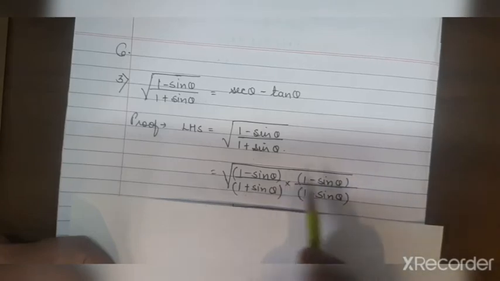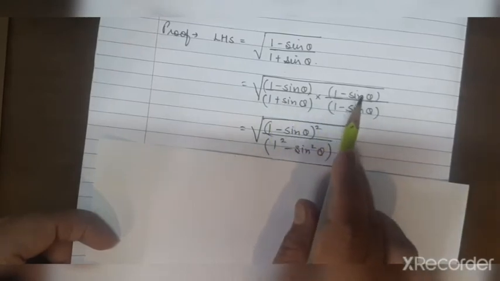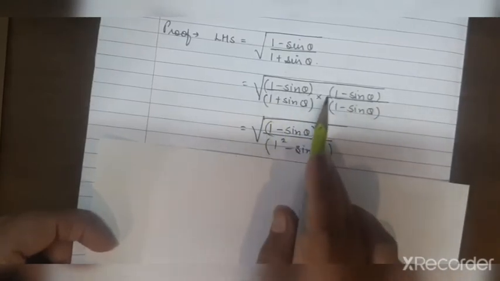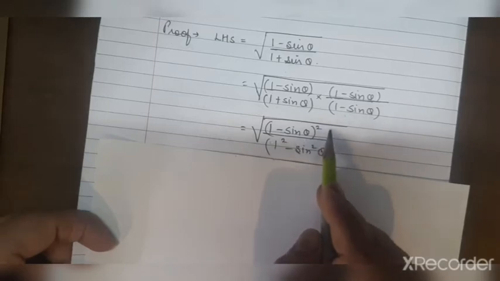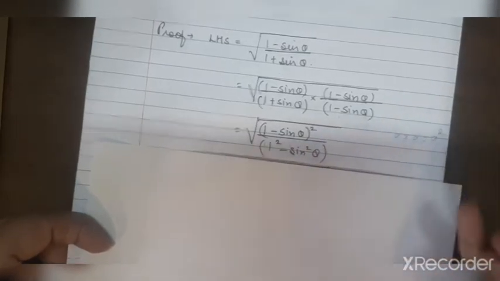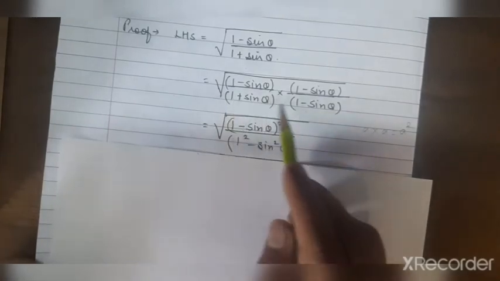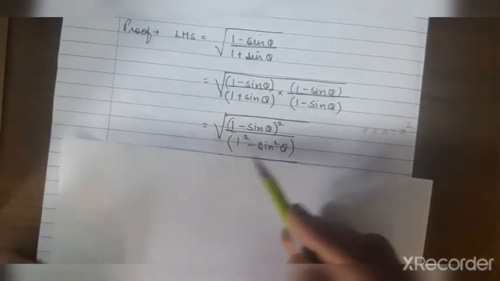Now let's see what happens inside the root. 1 minus sin theta and 1 minus sin theta are the two same brackets, therefore we write it as whole square, just like a into a is equal to a square. And 1 plus sin theta and 1 minus sin theta is 1 square minus sin square theta.